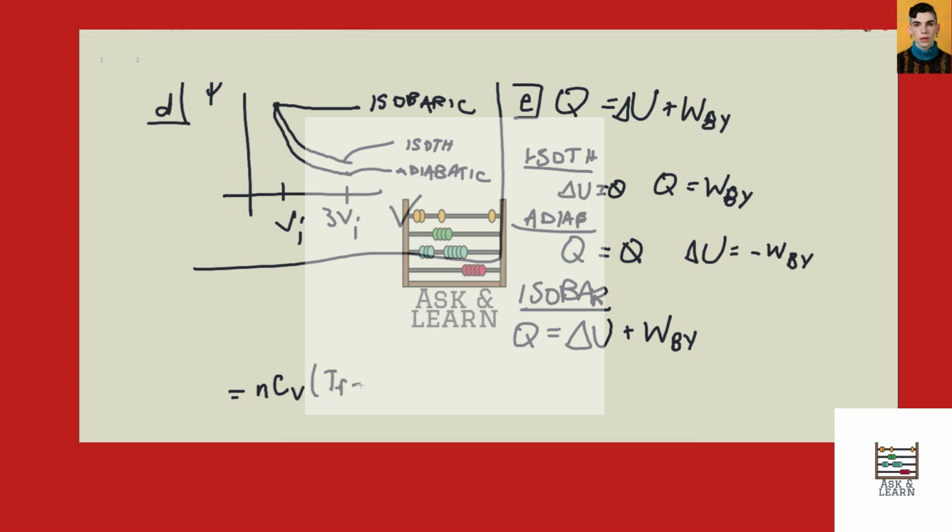N C_V times T final minus T initial. We already calculated the work done by the gas, so I guess we should just calculate this thing, and then what are we missing from that? So we have N, we have C_V. Ooh, we do not have T final, but we have T initial. So let's find T final. I'm just going to do a little side calculation here. From PV equals nRT, T is PV over nR.